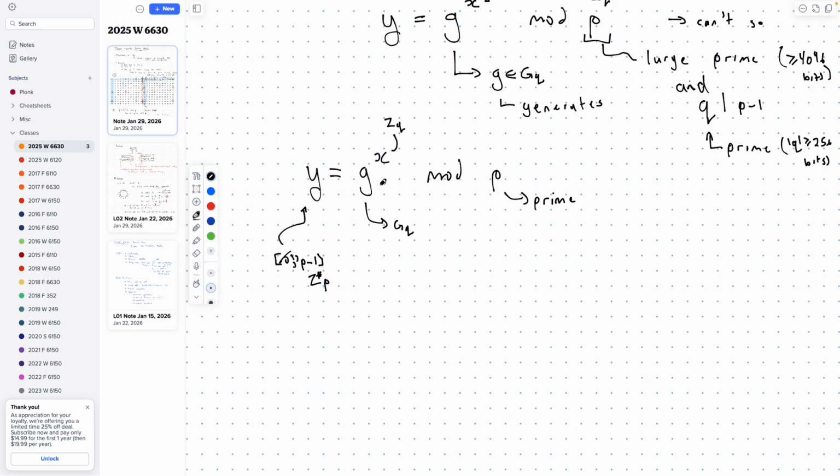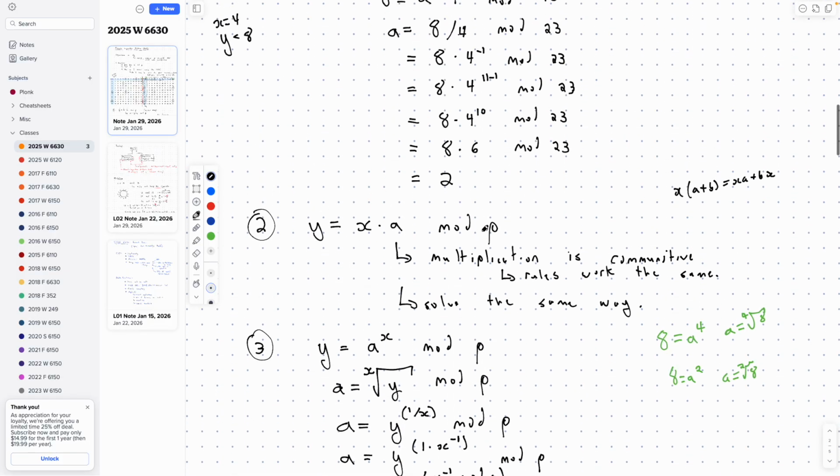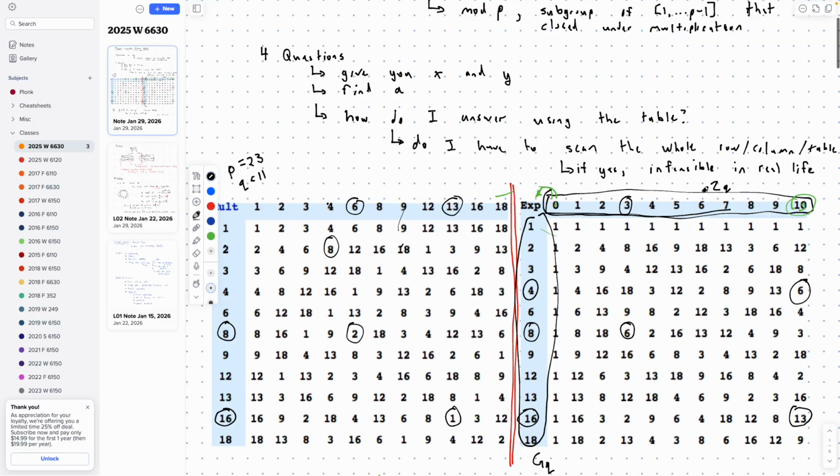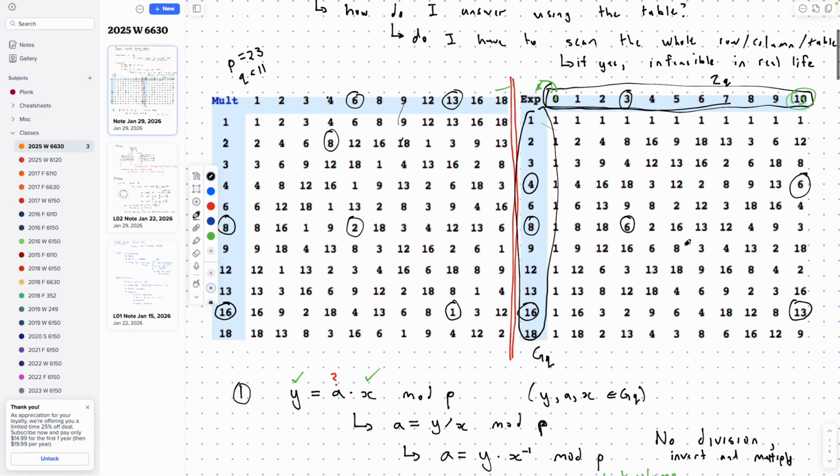Let's say I wanted to look up a g to the x. What table am I using? I'm using this exponent table. Let me write it down here: Y equals g to the x, just to remind ourselves, mod p, and this is a table for mod p. Where are the x's in this table? The columns.